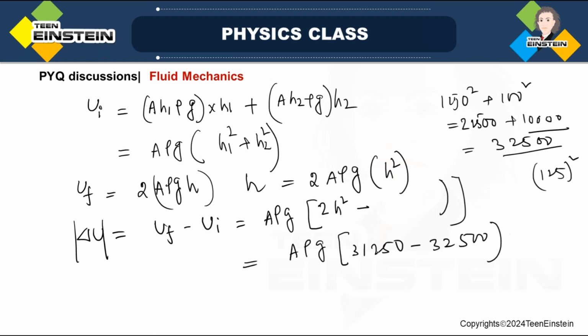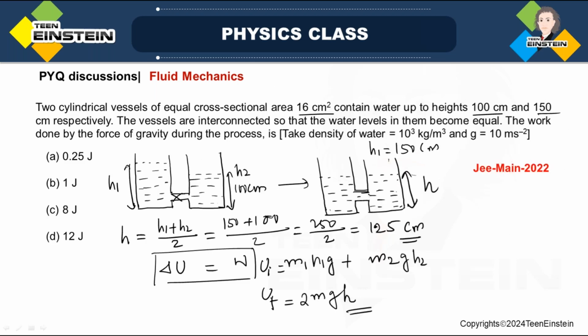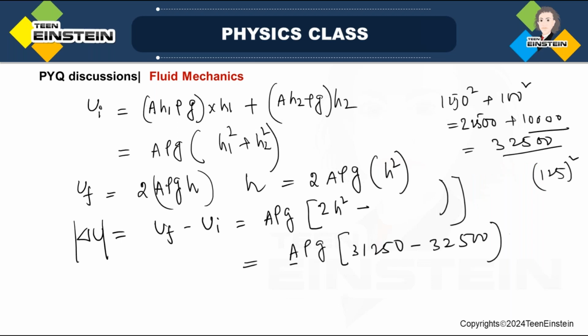Here centimeter square will also be there. Actually we have to see, the options were in joule, so we write in terms of Newton meter. So this is 10 to the power minus 4. Let us multiply from the beginning. And this A is actually 16 centimeter square, 16 centimeter square into 10 to the power minus 4.